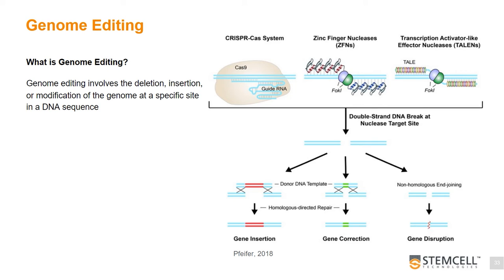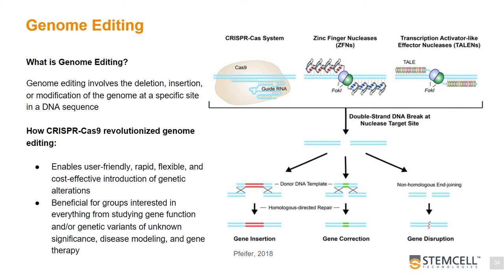The CRISPR-Cas system differs from these traditional methods in terms of nuclease targeting. Targeting of the Cas effector nuclease is based on Watson-Crick base pairing between a guide RNA and the target DNA. All genome editing relies on repair of nuclease-dependent DNA breaks by endogenous DNA repair mechanisms, which I will discuss in more detail in the next few slides.